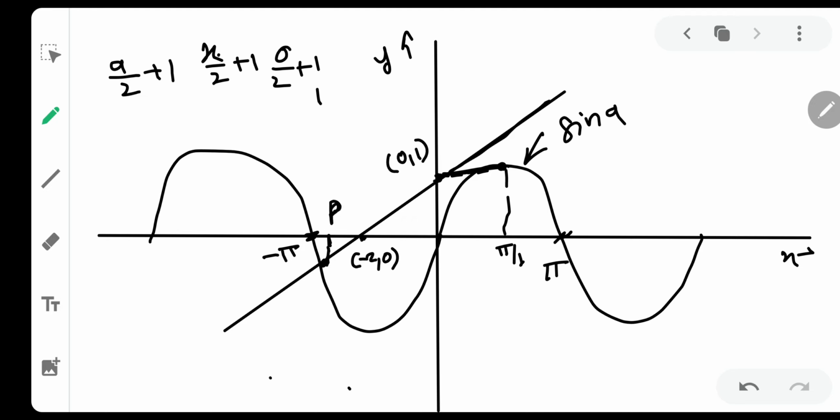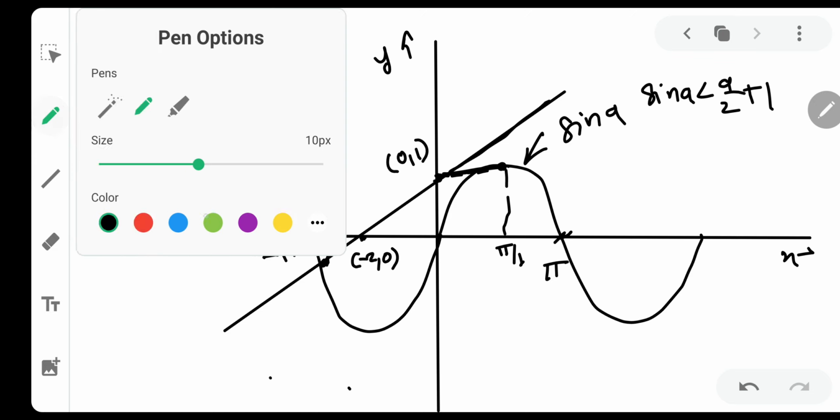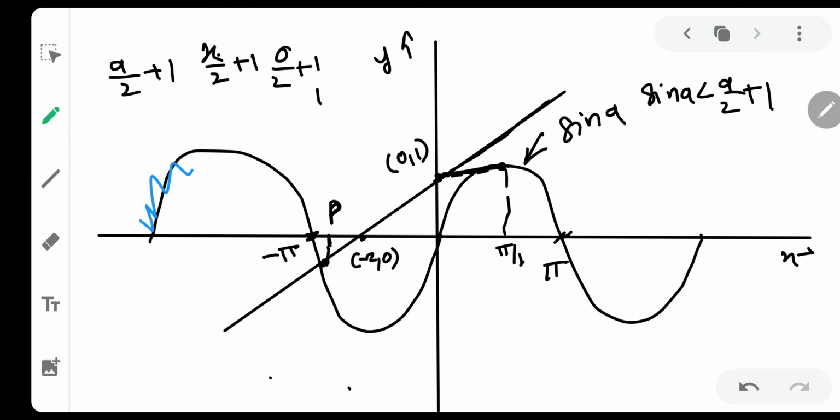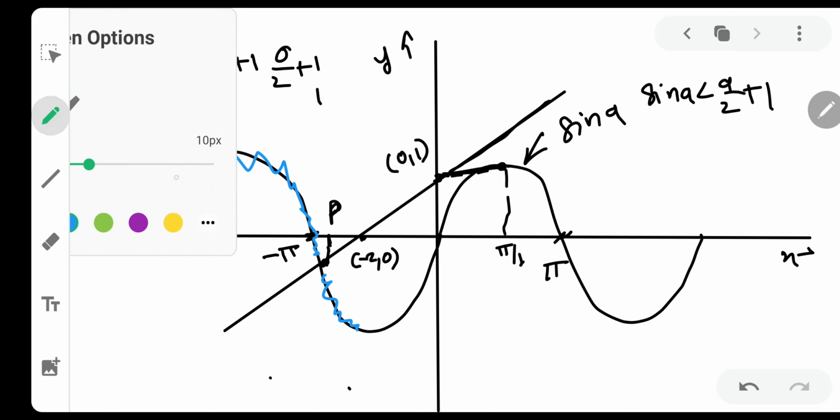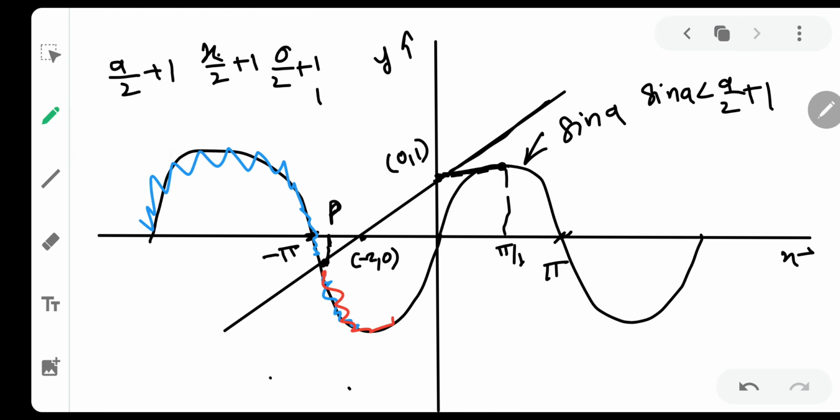Okay, so where is sin a lesser? Because the inequality is sin a has to be less than a by 2 plus 1. So over here, in this blue part sin a is always greater, and in this particular red part which I am showing right now, sin a is always lesser. So that is going from p to infinity, right?